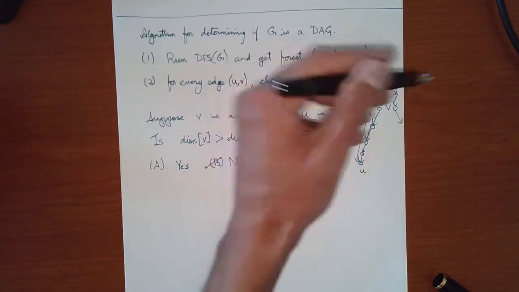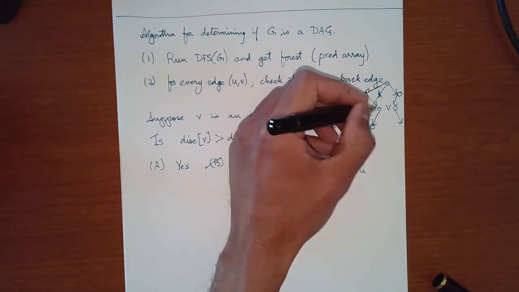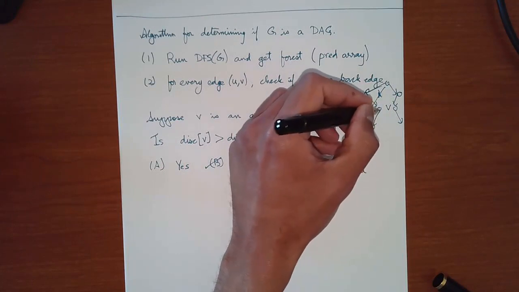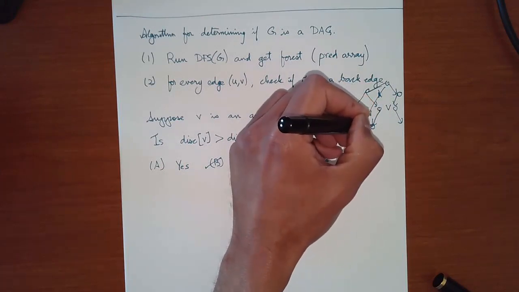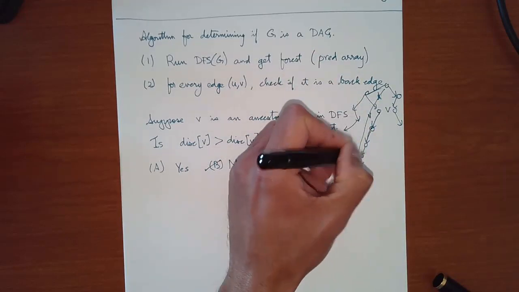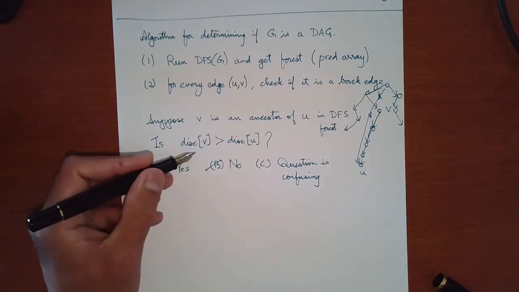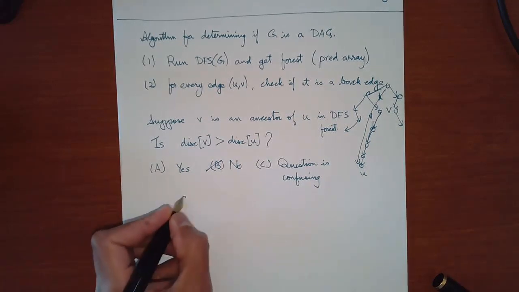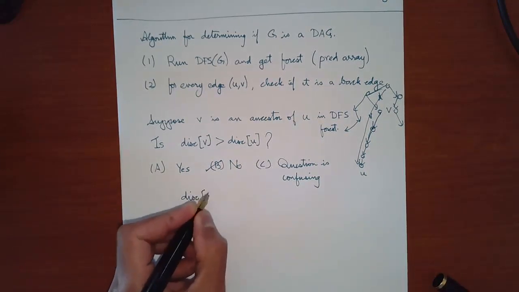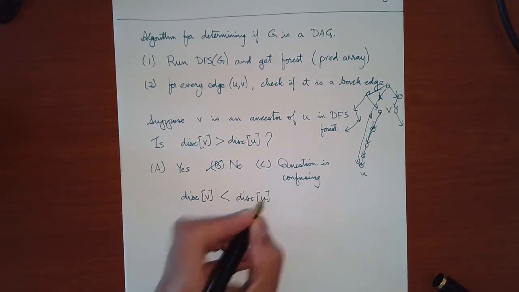Now, amongst these two, you're not necessarily sure which was called first, but DFS of V was called before DFS of its child, which is called before DFS of its child, so on and so forth. This is because the tree is tracking the order of the recursion, right? So actually, it has to be the case that the discovery of V is less than the discovery of U.